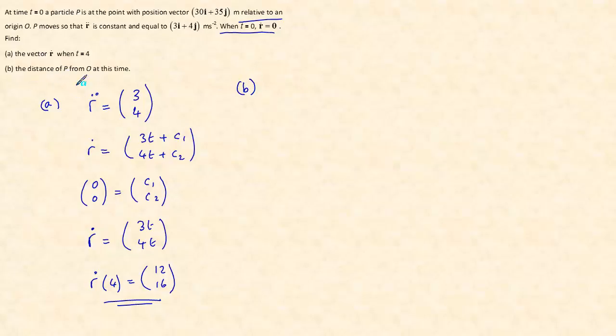Now for distance we want the displacement vector. So we want r, of course I should be underlining all these r's because they're vectors. So we need to integrate r dot. So that's 3t squared over 2 plus a constant. 4t squared over 2 is 2t squared plus a constant.